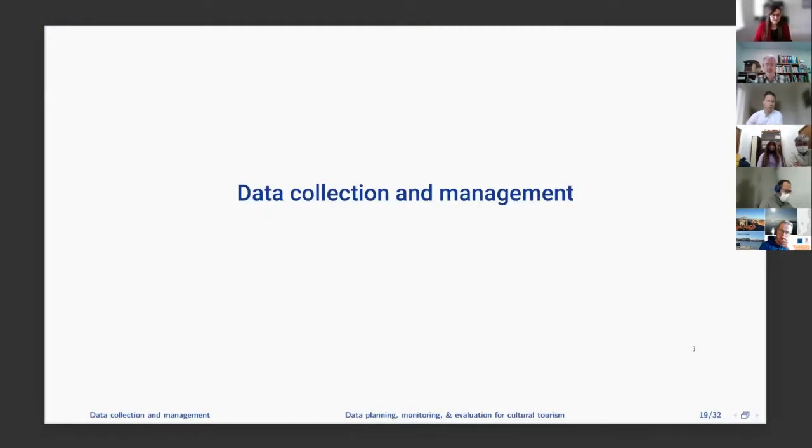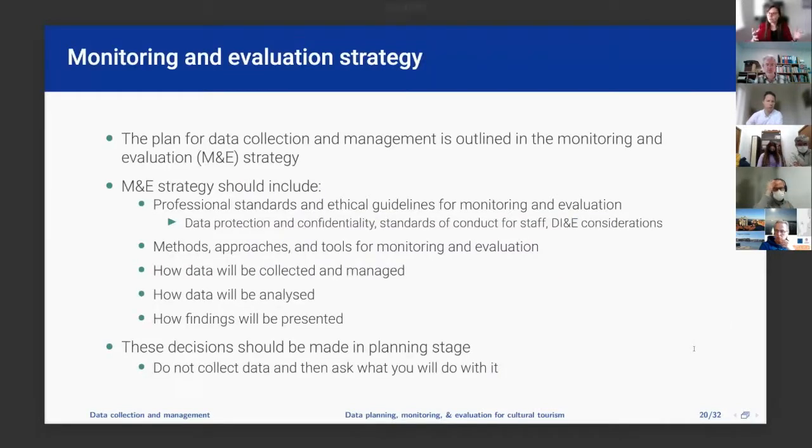So now that we have an idea of how to turn our problems into aims, objectives, and think about the data that we should be collecting, now let's talk about the actual collection process. So as I mentioned before, this plan for the data collection process should be outlined in your monitoring and evaluation strategy.